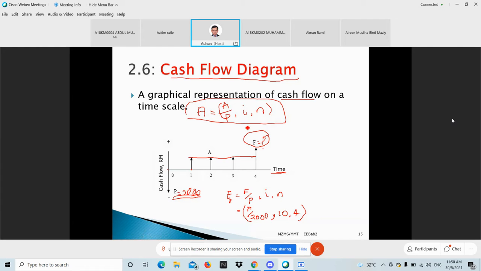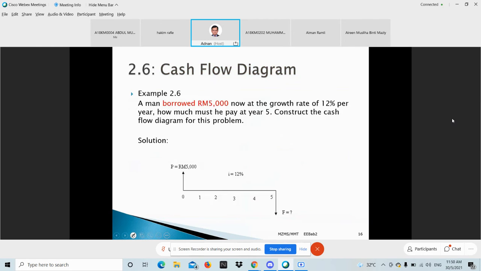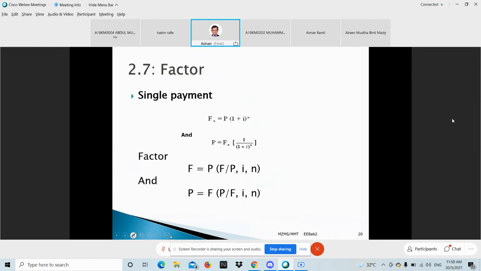Okay, saya akan tunjuk contoh lagi. Ini sebenarnya memberikan faktor dia. Okay, dia punya term tu, okay, mungkin saya tunjukkan. Okay, this is the term. Kita kena masukkan di sini di luar yang ini adalah di dalam. Ini adalah faktor. Kita akan gunakan formula ataupun gunakan jadual.